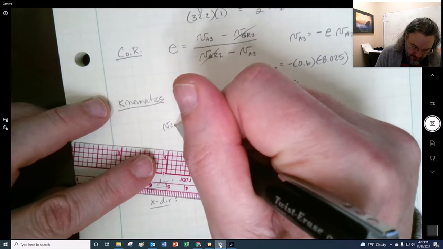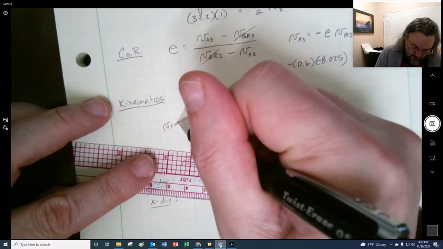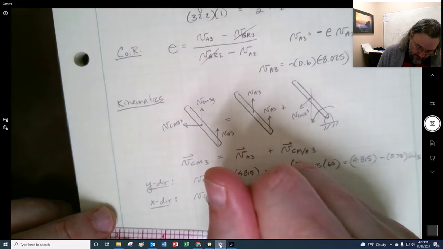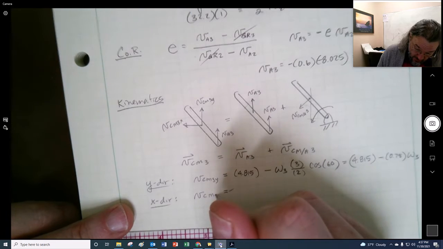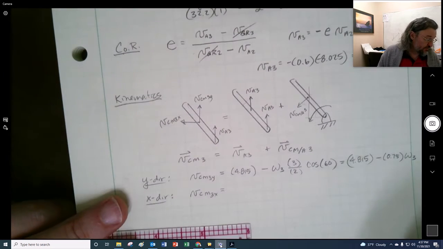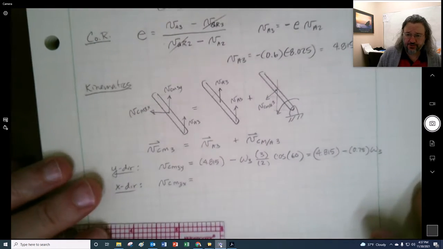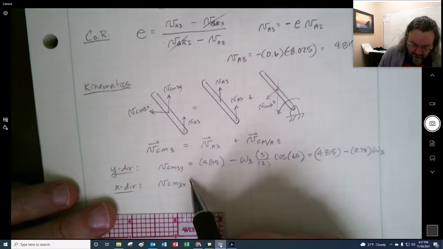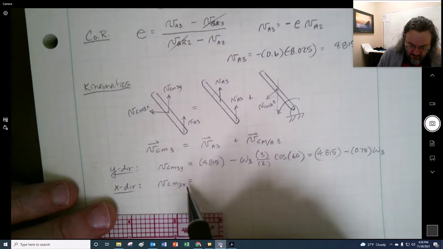Let's go. VCM3X. Yeah, 3 in there. I'm going off script because I didn't write it over before, and my source of this did not include it, so I don't know. Trying to think about whether I want to or not.